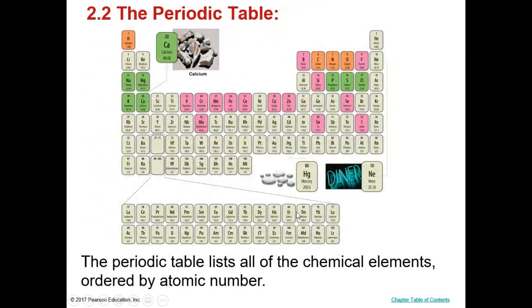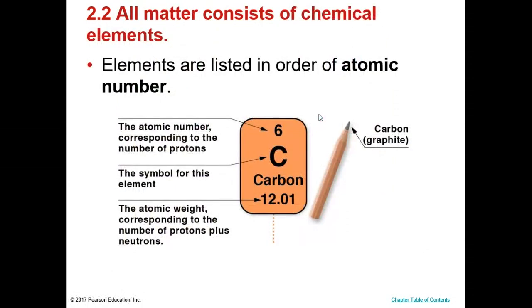Starting off with a little bit of an overview of the periodic table. I'm sure everyone has had exposure to this before. Several things that I want to point out here. First is the representation of the elements.